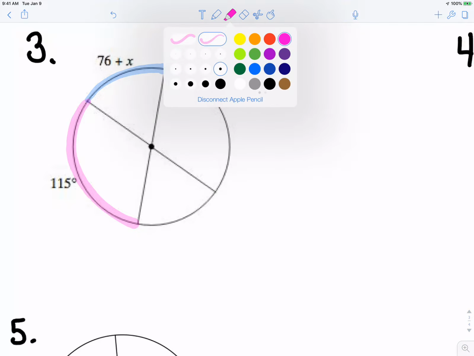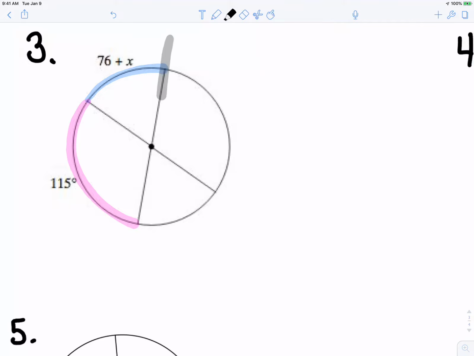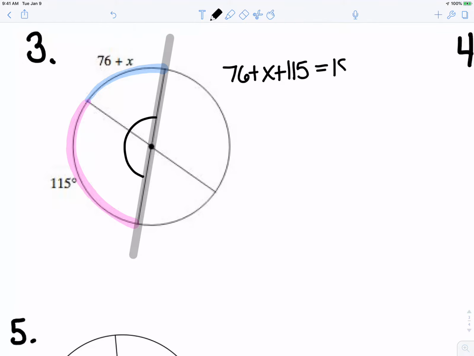Now, hopefully by highlighting those arcs, you might recognize that there is a diameter cutting off those arcs. So those two arcs have a sum of 180 degrees. Just like their central angles would have a sum of 180, the arcs have a sum of 180. So we're going to set up this problem by doing 76 plus x added to 115 equals 180 degrees.